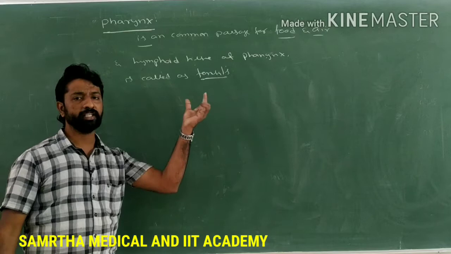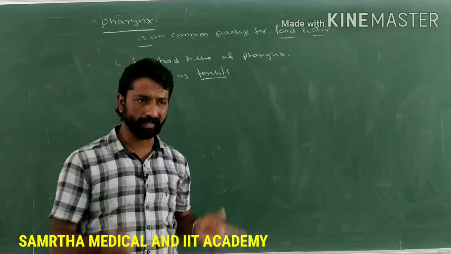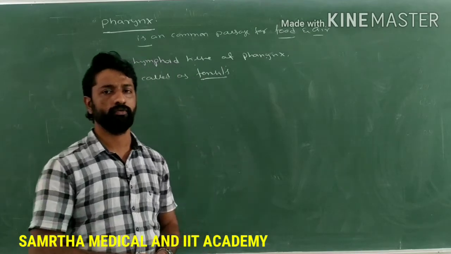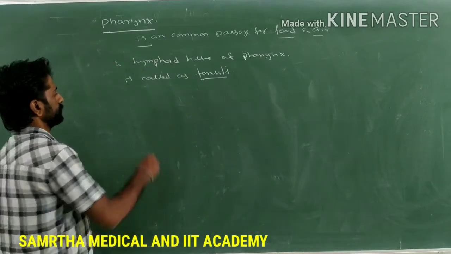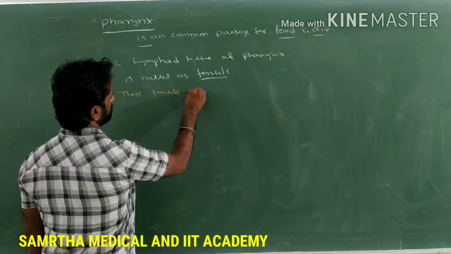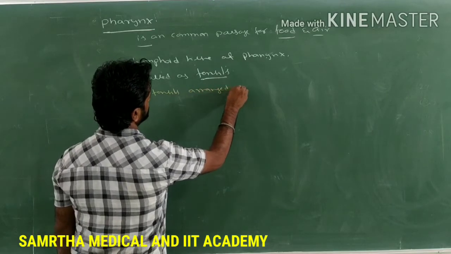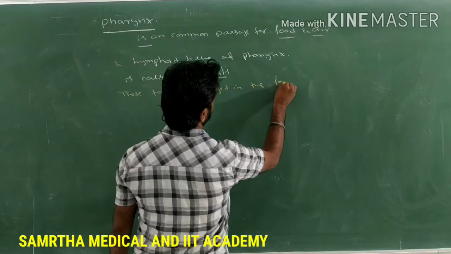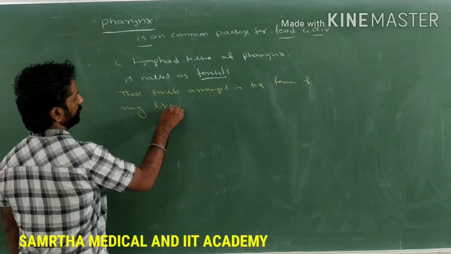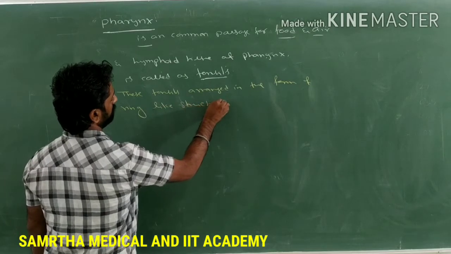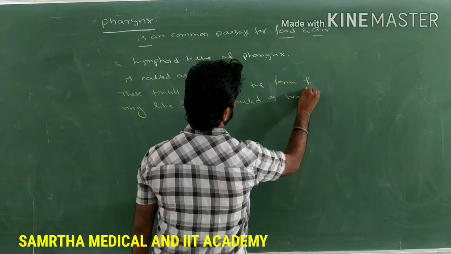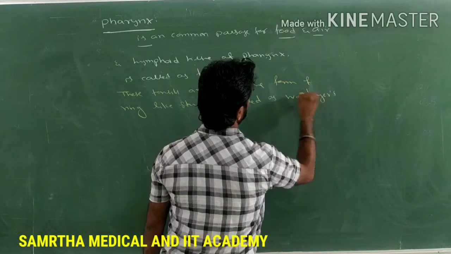The arrangement of these tonsils in a ring-like format is called Waldeyer's ring. So these tonsils are arranged in the form of a ring-like structure, which is called Waldeyer's ring.